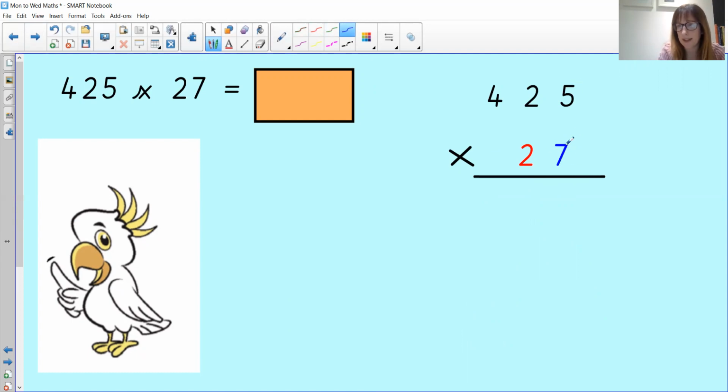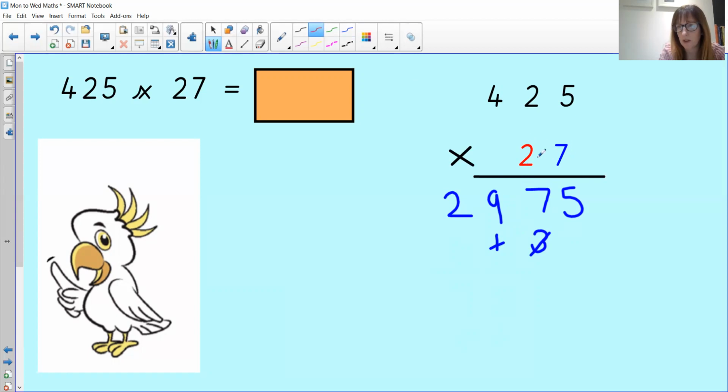So 5 times 7, or you can do 7 times 5, doesn't matter which way around you do it, is 35. So take my 3 to the tens. 2 times 7 is 14. Add the 3 is 17. And 4 times 7 is 28. Add the 1 is 29.